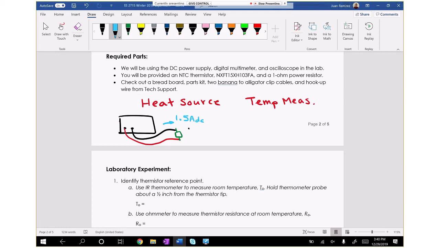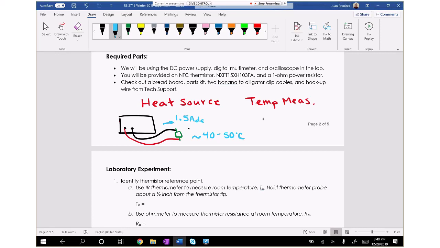What should happen is that resistor, after 5 minutes or so, will reach a close to steady state value of maybe 40 to 50 degrees C. So after you've been applying that current through it, you're going to wait some time. Make sure you don't hold that resistor tightly because it'll get pretty hot. So that's one part, is we have to have a heat source that we're going to use to measure a temperature that's not the room temperature.